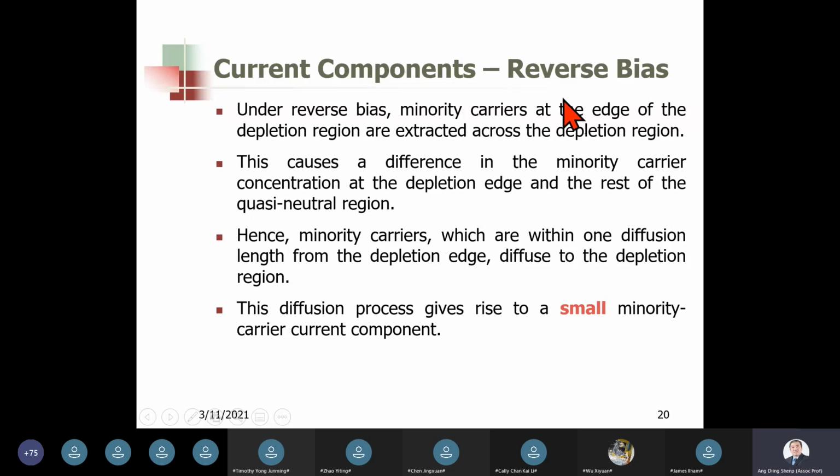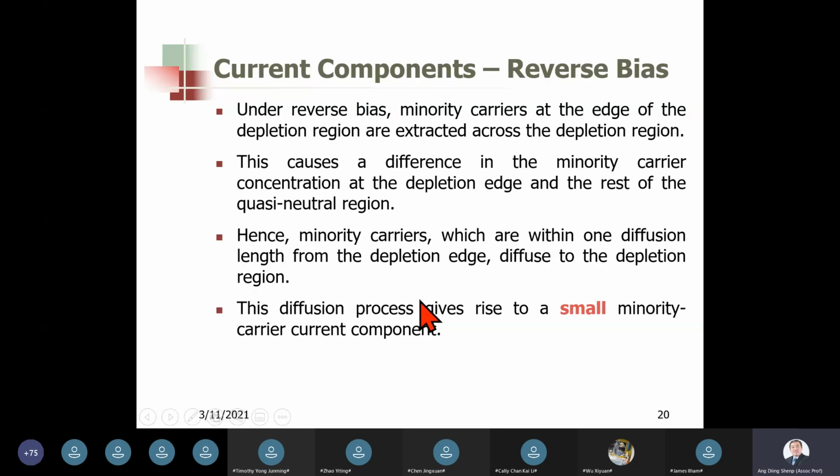So just a recap on reverse bias. We have minority carrier extraction, and as a result of the minority carrier extraction, we get a non-zero concentration gradient in the minority carrier concentration, which drives the diffusion of minority carriers from the rest of the quasi-neutral region towards the space charge region for extraction to happen.